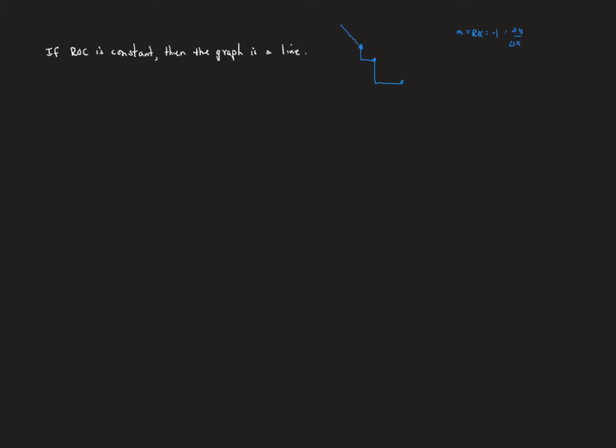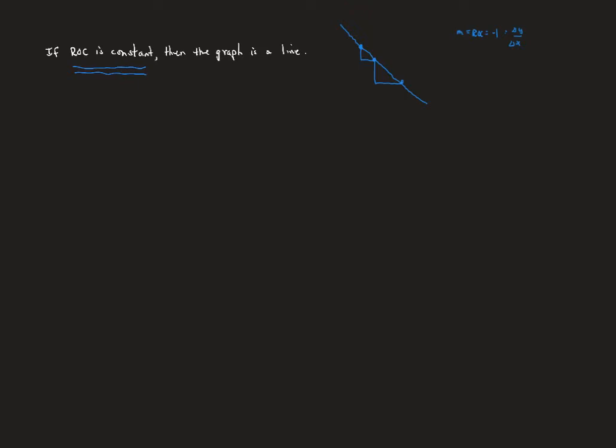And the claim is that all of those points on the graph of that function are going to form a straight line. Okay, so the takeaway is that this is a characteristic of a line. If the rate of change is constant, then the graph is going to be a line. If the function is linear, if it's a line, then its rate of change will be constant.